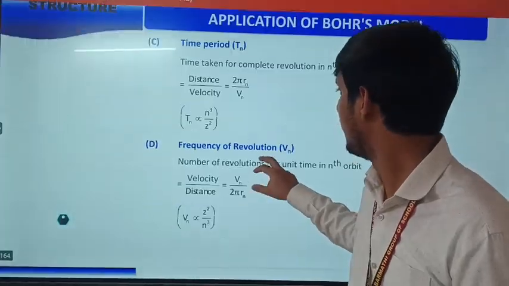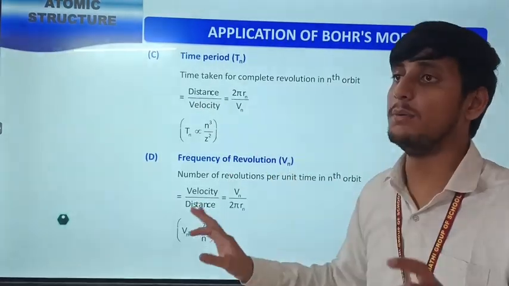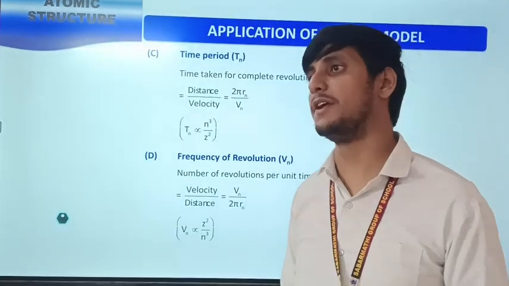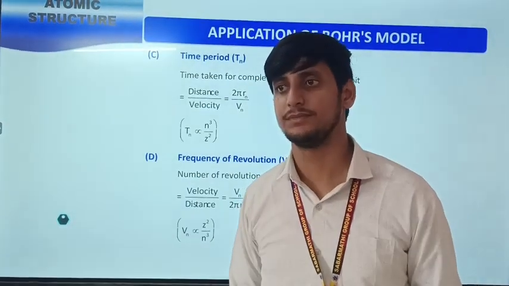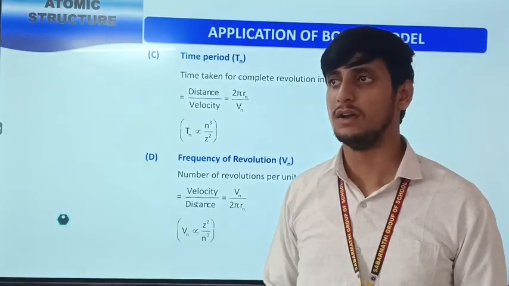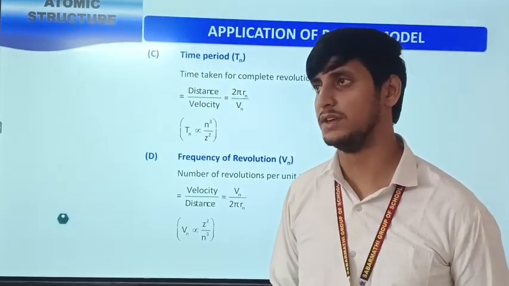Time period: time taken to complete a revolution. What is the time period of Earth? 365 days.